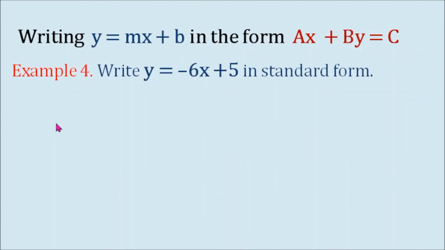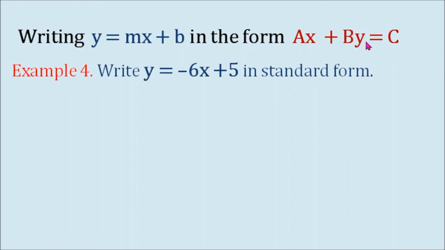Now, let's write linear equations in the form y = mx + b in the form ax + by = c. Example number 4: write y = -6x + 5 in standard form. So this is the standard form.